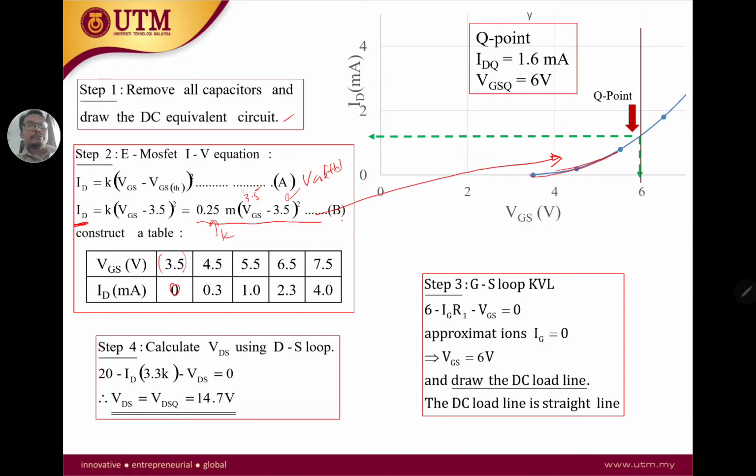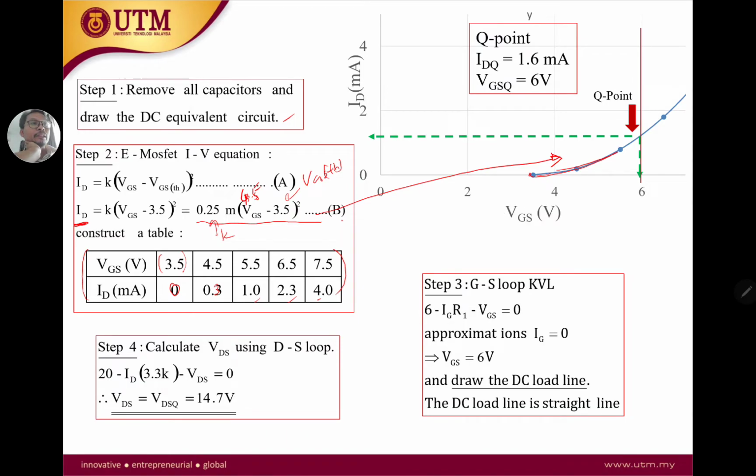Now what happens if you put 4.5? It's going to be 0.25, rounding to 0.3. If you put 5.5, it will be 0.25 times 4, which is 1, giving 2.34, and from here we have the values we need to plot this exponential chart, the line.